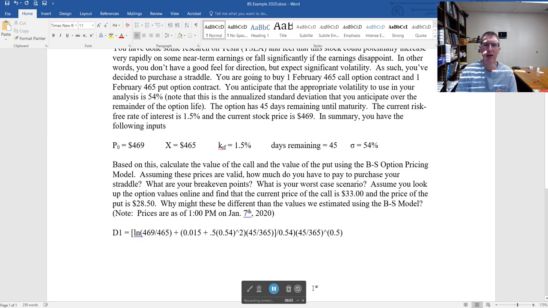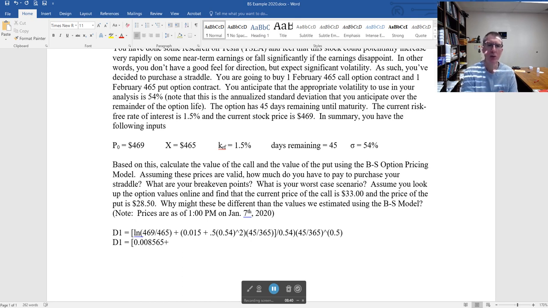So now let me go through this calculation. D1, natural log of 469 over 465 is 0.008565. If you wanted to, you could carry that out to more decimal places. We've probably got enough here.